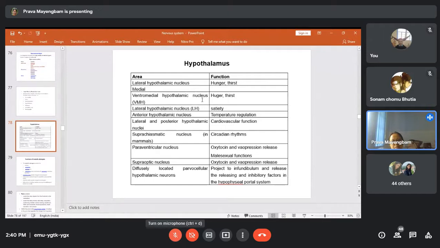Ventromedial nucleus should be associated with satiety, and lateral should be associated with hunger. Just one minute, there is a typing mistake, let me check once.